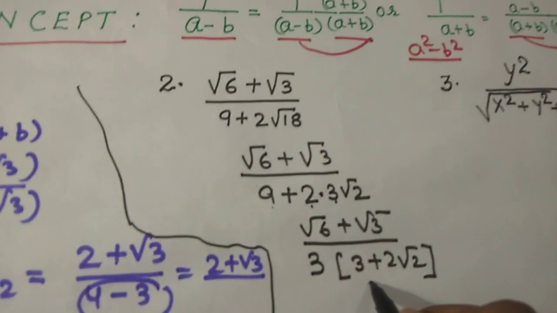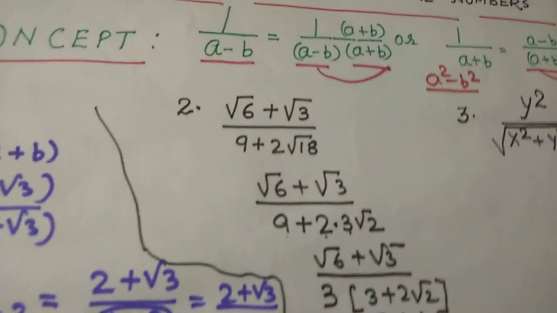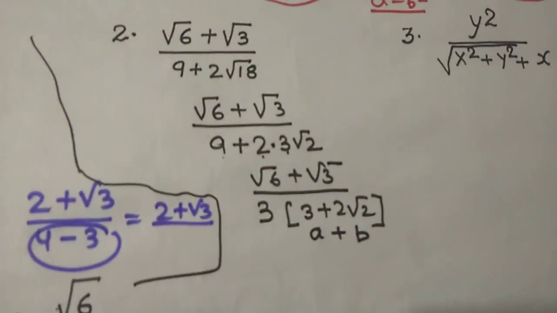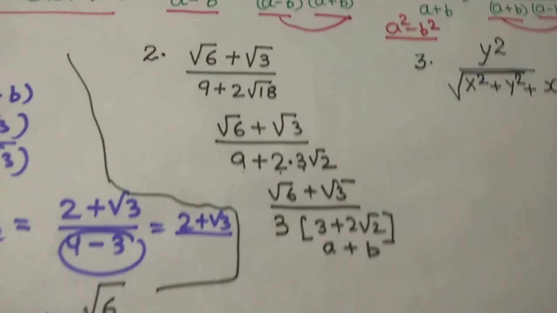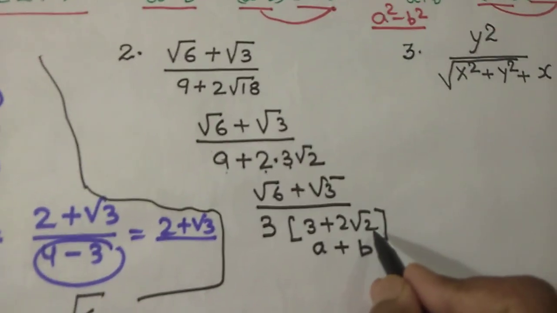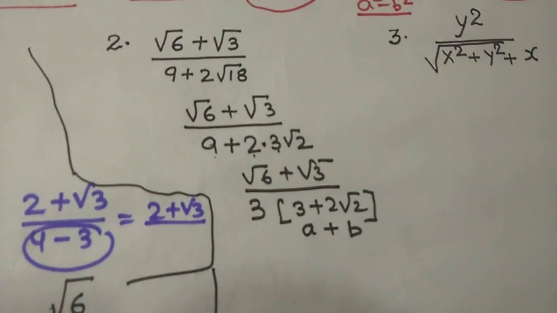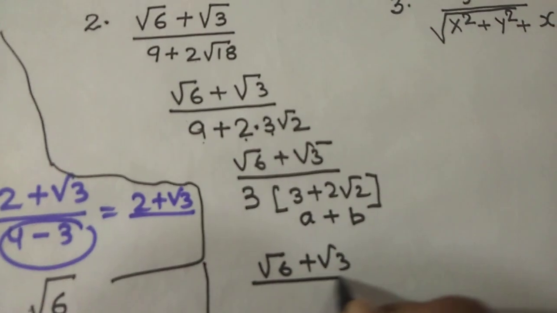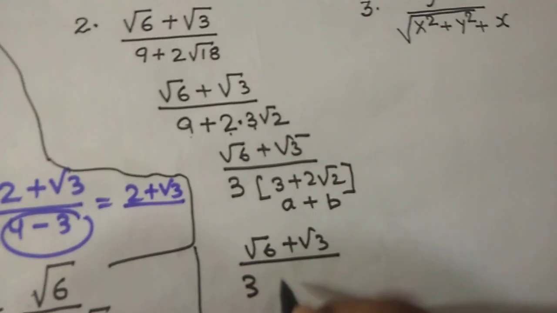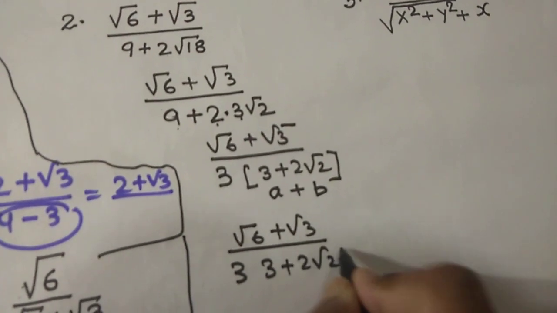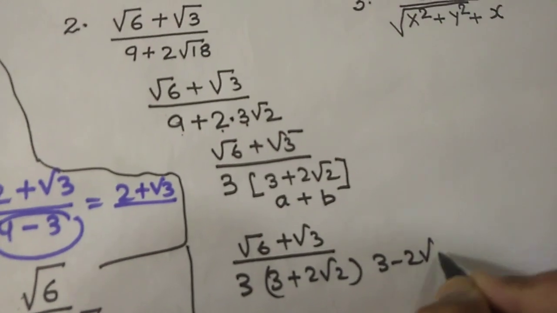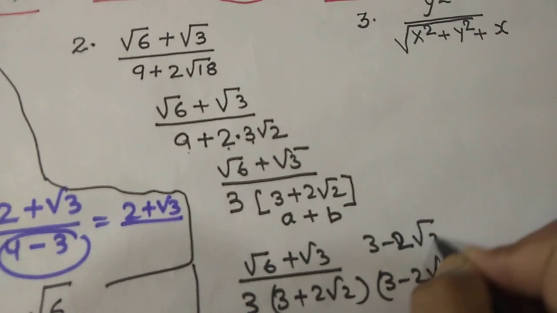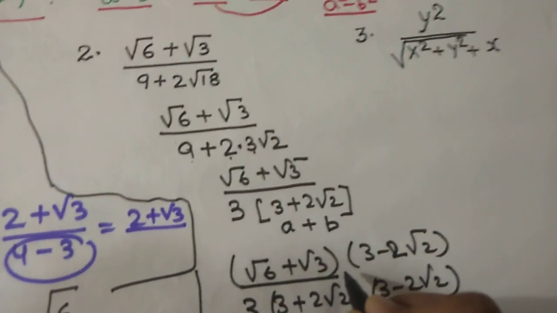Now here this is your a plus b. I am using a different ink so you will understand which question I am solving here. So this is a plus b. Multiply root 6 plus root 3 by 3 minus 2 root 2 in brackets.